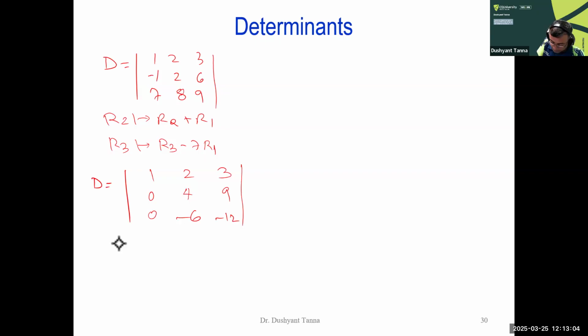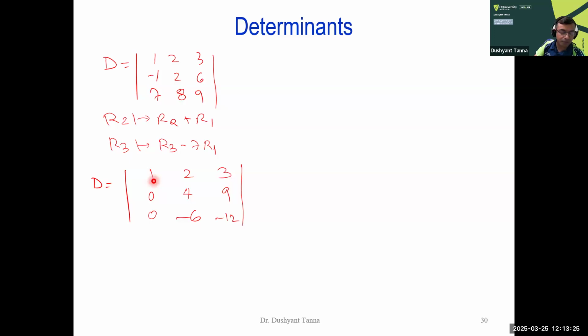Follow my wording again. How do you know you have to do it this way? I have this element, minus 6, that I wanted to make it 0. How will it help me? It will convert this into an upper triangular matrix.